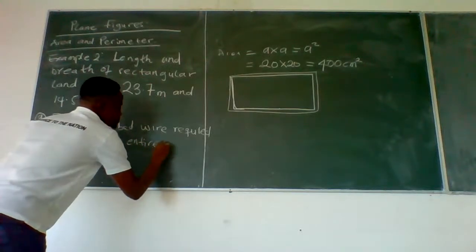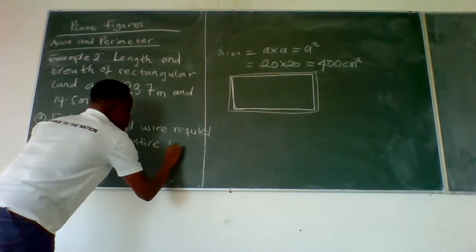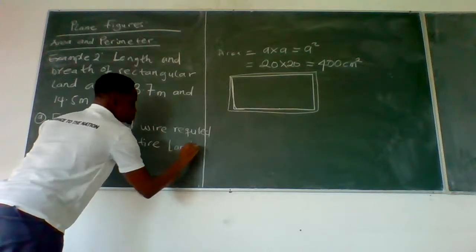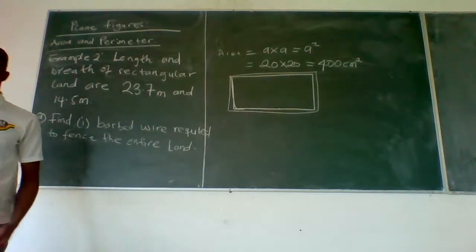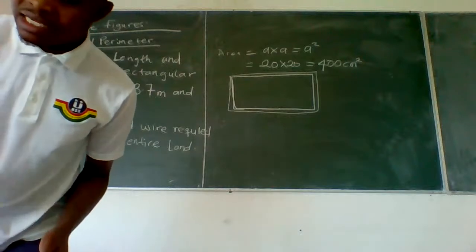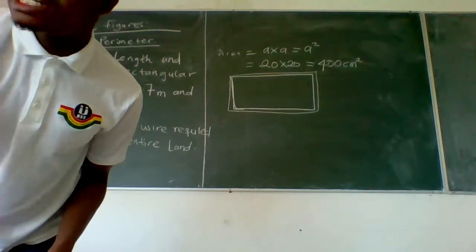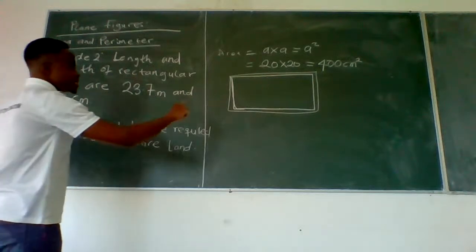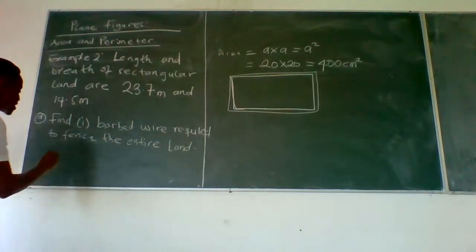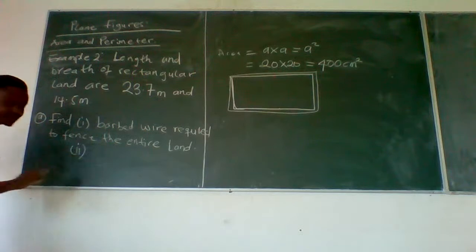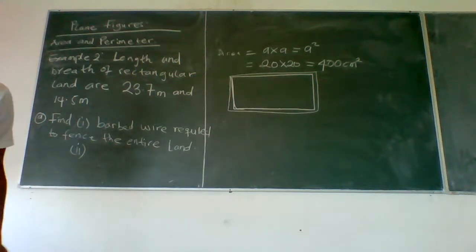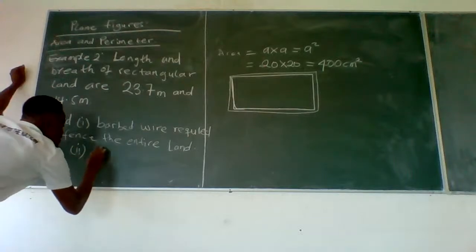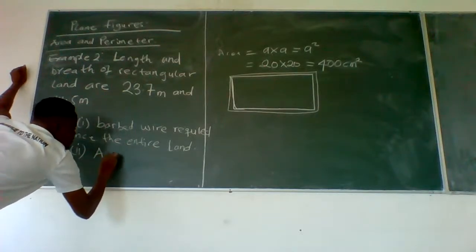So your job is to estimate the total length of wire she needs to fence the entire plot. And then the second problem is, we want to find the total area of the land.